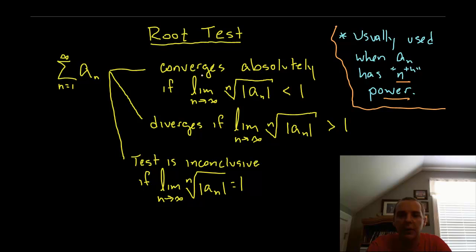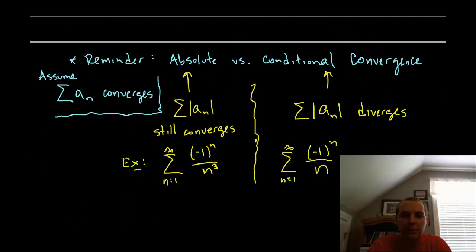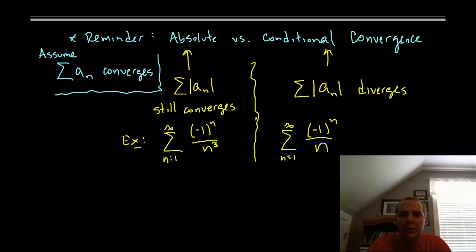First of all, the word converges absolutely. If you remember in the ratio test video, we talked about the difference. Here's a quick reminder of absolute convergence versus conditional convergence. Assume that you have a series that converges. If you can take the absolute values of those terms and that also converges, then we say it converges absolutely.